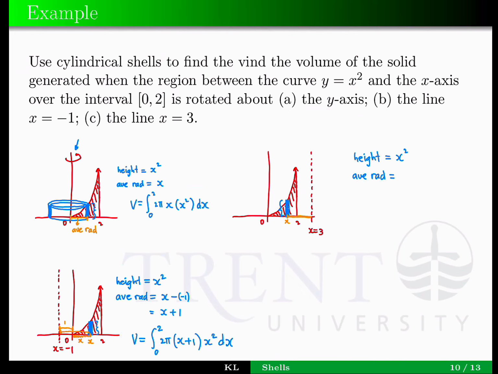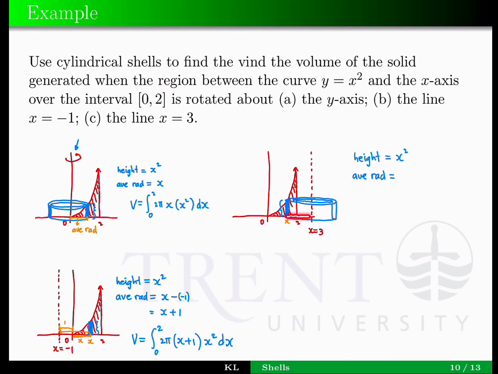Take note that when you revolve this about the line x equals 3, your shells will be on the other side. So the radius is from here going to that.